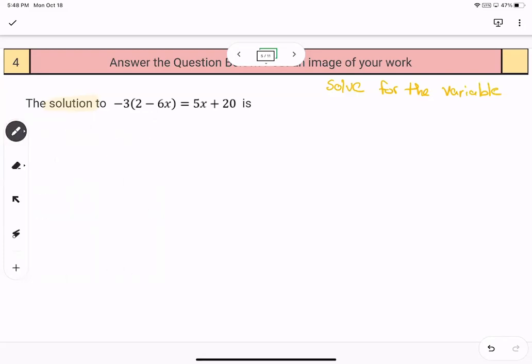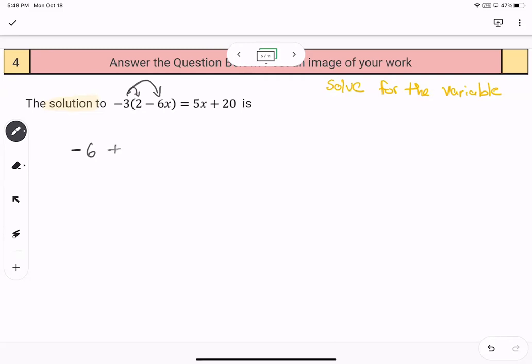So the first thing I see that we can do is we can simplify this a little bit by multiplying and distributing -3 times 2, that's -6, and -3 times -6x. Now be careful, that's -3 times -6x.